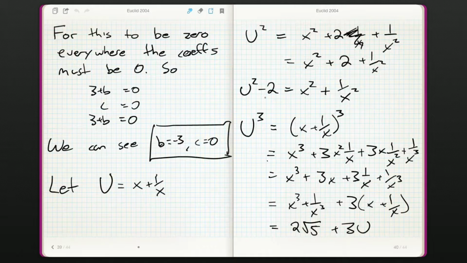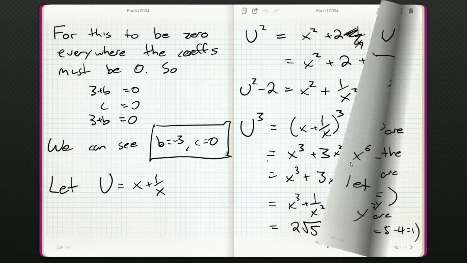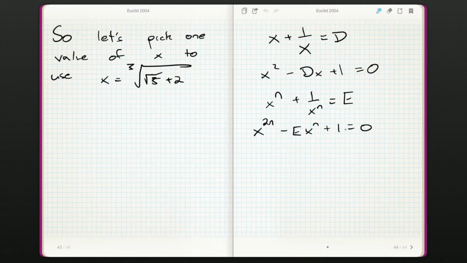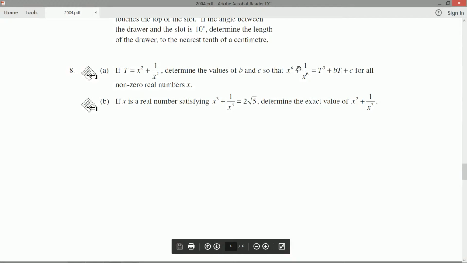u squared minus 2 is this sum. d cubed minus 3d is the other sum. And does it relate maybe back to part A? Oh, you know what?